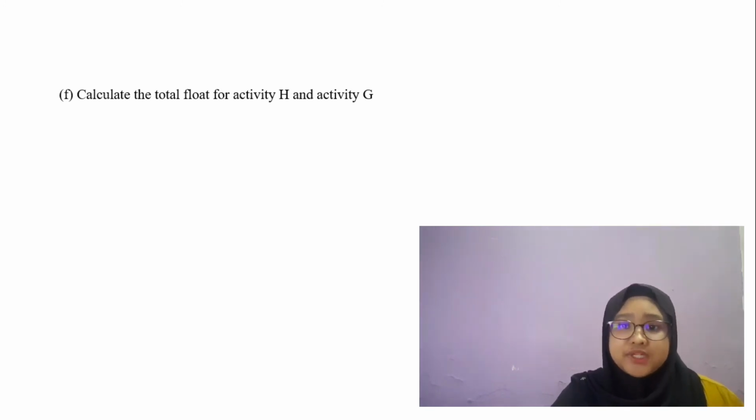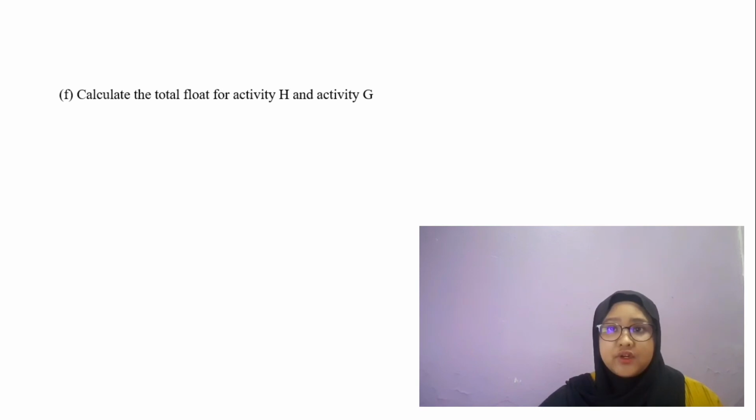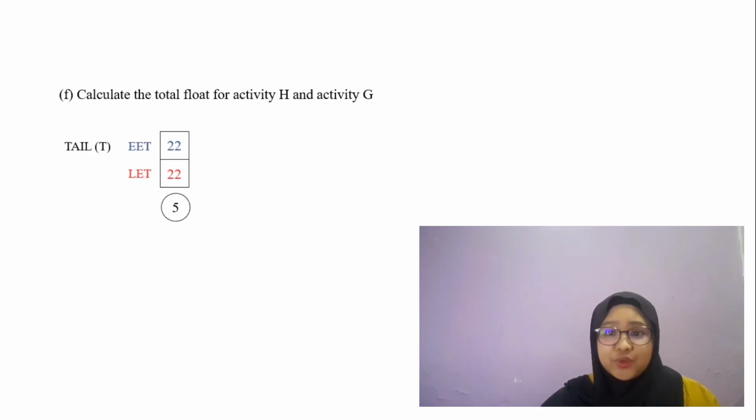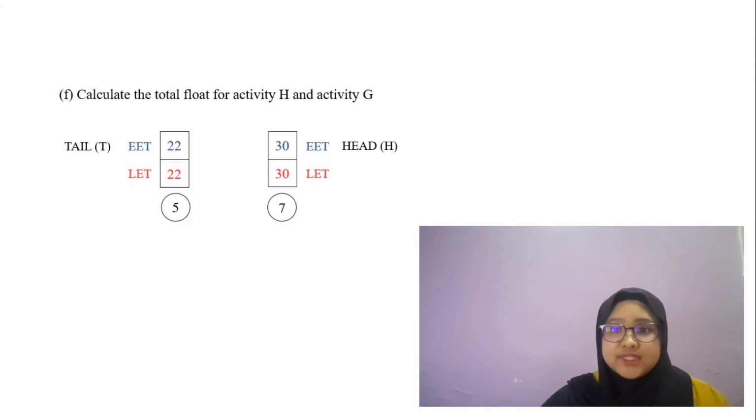Just refer to the PERT diagram that was shown earlier in question A. As you can see here, just list down all the information for activity G. The EET tail is 22 and the LET tail is also 22. Next, EET head is 30 and the same goes for the LET head, which is 30. And if you notice, the 8 in the middle is the duration for activity G.